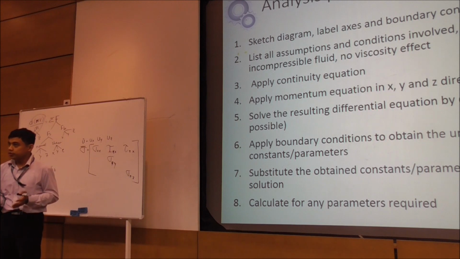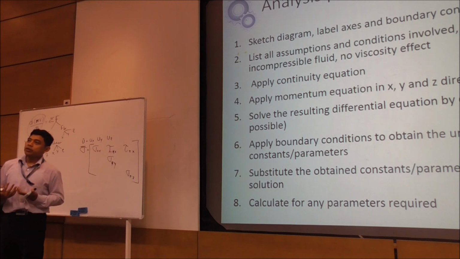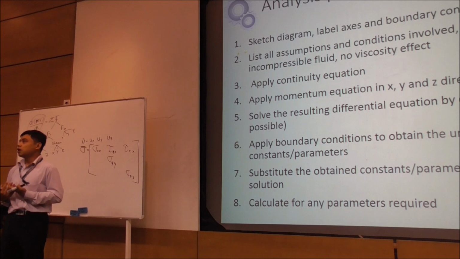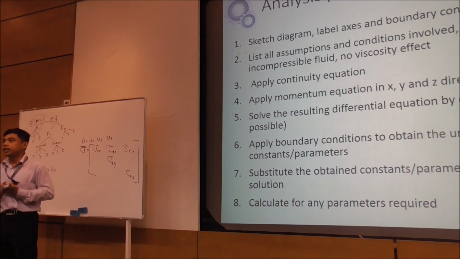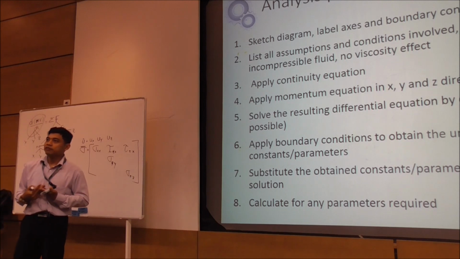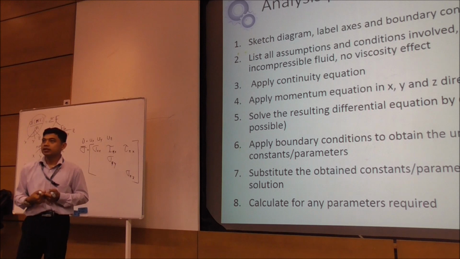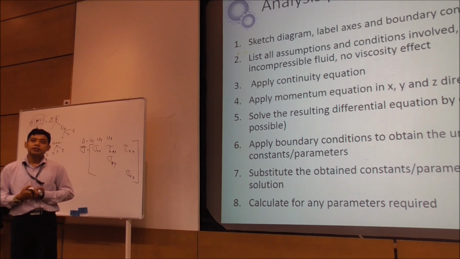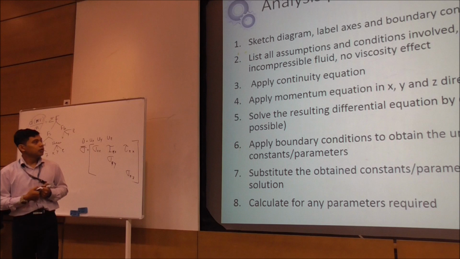Because as I said to you, Navier Stokes is highly complex. It cannot be solved exactly at the moment without any assumption taken. If you do not take any assumption, it's very tough to solve it. Maybe one of you can solve it later on. But at the moment, there is no human who can solve it analytically. Numerically, we can solve.